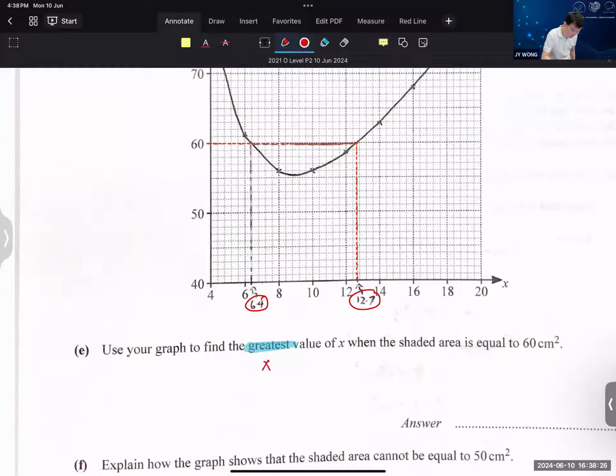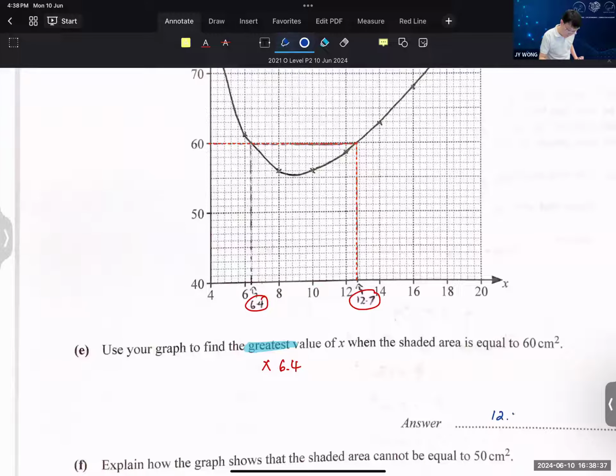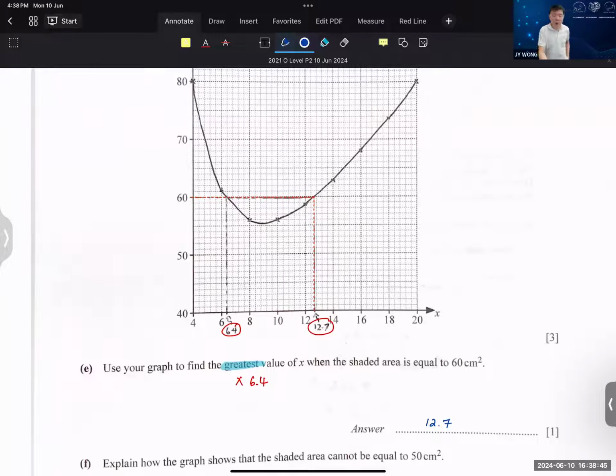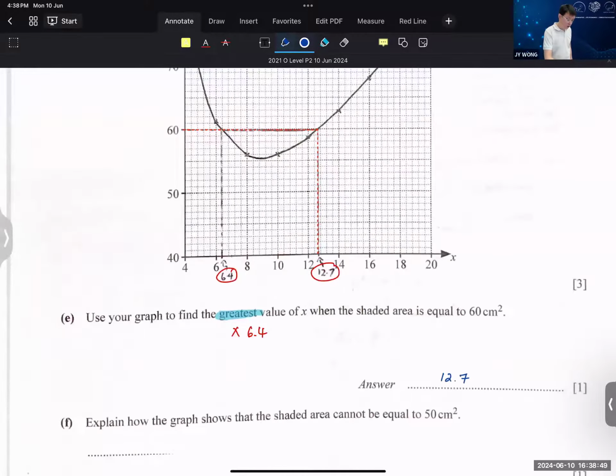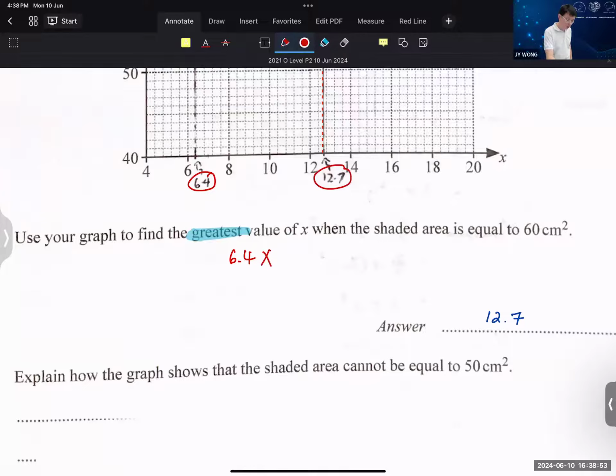So you cannot use 6.4 because clearly that is not the greater value. The greater value clearly is 12.7. So there are actually two values of x here, 6.4 or 12.7, but they want the greatest. So you cannot accept 6.4, you have to use 12.7. So that's the logic.